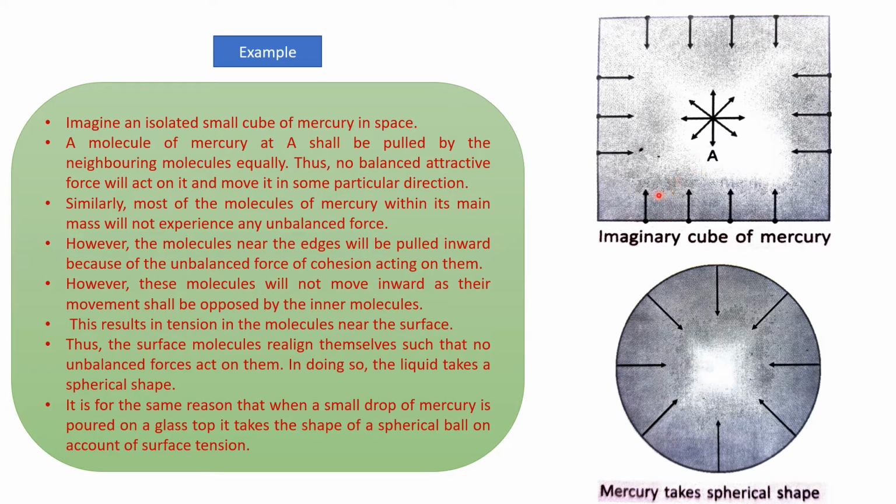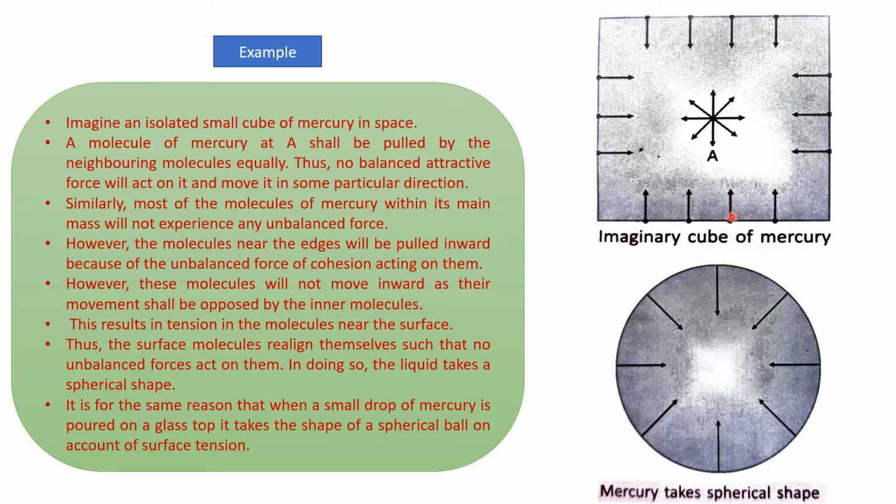However, the molecules near the edges will be pulled inward because of the unbalanced force of cohesion acting on them. However, these molecules will not move inward as their movement shall be opposed by the inner molecules. This results in tension in the molecules near the surface.